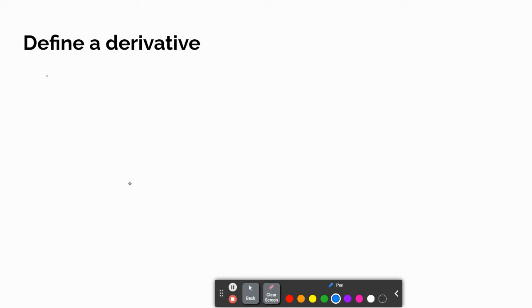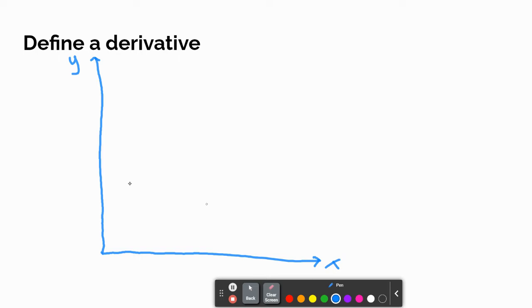So let's go ahead and draw in a nice little graph, and I'm going to do my best to make this as straight as possible for you guys. So here we go. All right, so what I'm going to model here is the idea of rise over run on a curve.